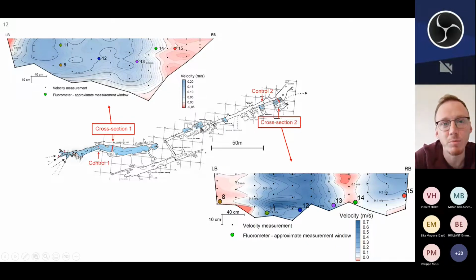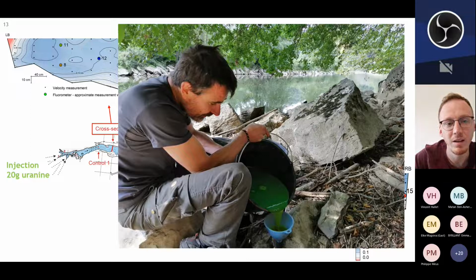And you can see on the profiles the fluorometers. We have 8, 11, 12, 13, 14, 15. Those are fluorometers we placed on the cross-sections. Then we inject 20 grams of uranine at the injection point. This looks like this. And then we see what the breakthrough curves are for each fluorometer.